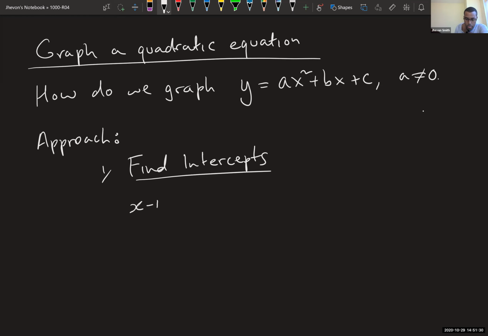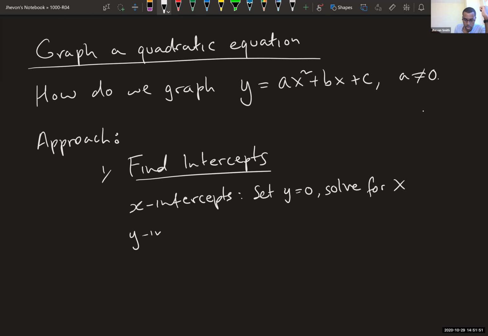You find the X-intercepts. This means you set y equals 0, solve for x. Discussed that above. That's exactly like solving a quadratic equation. So you can factor or you can use the quadratic formula or whatever, but you need to find the intercepts.